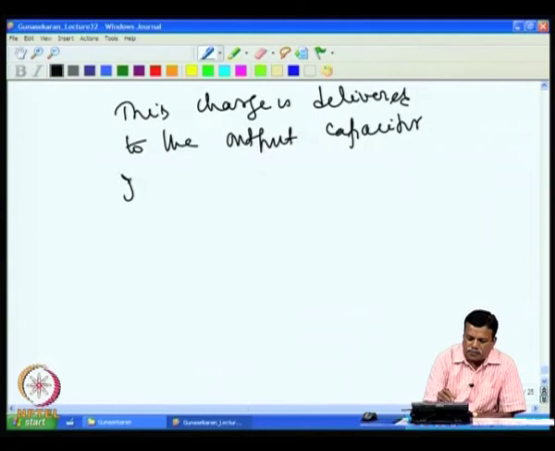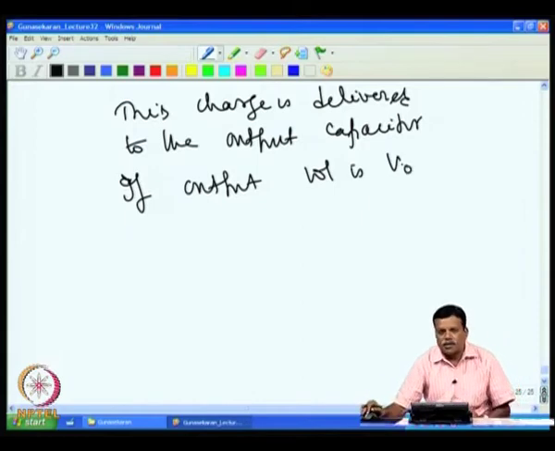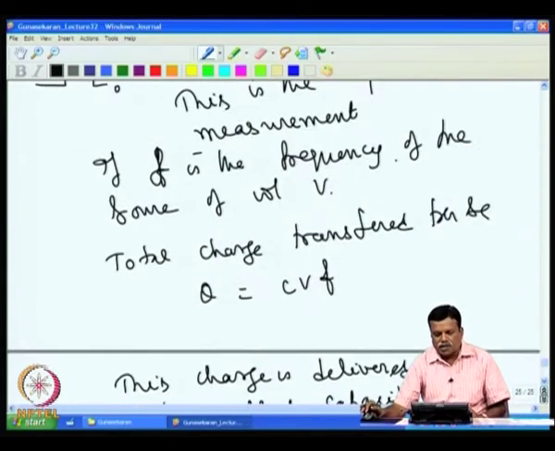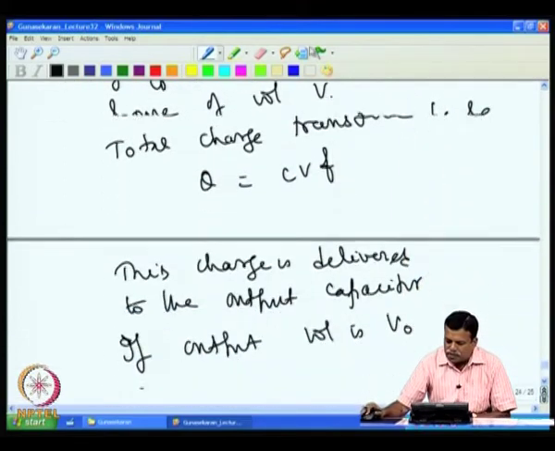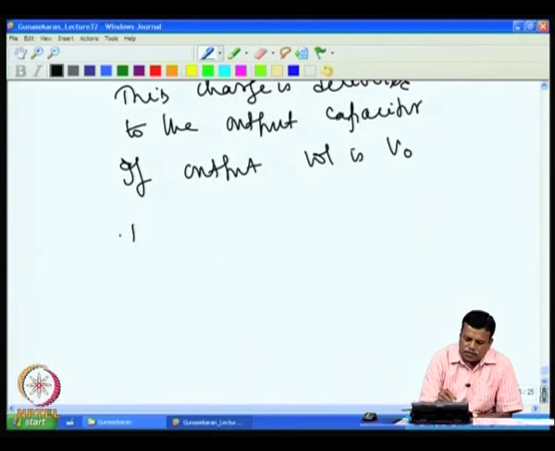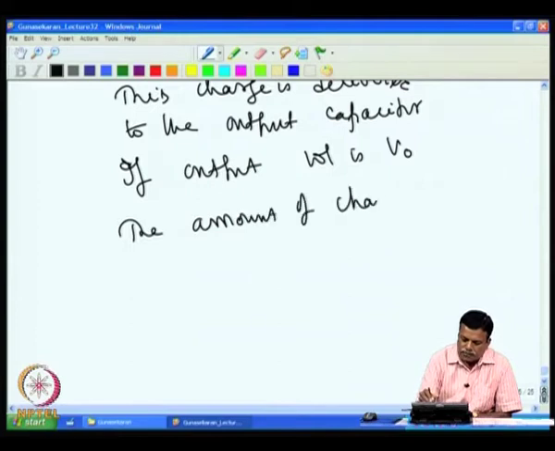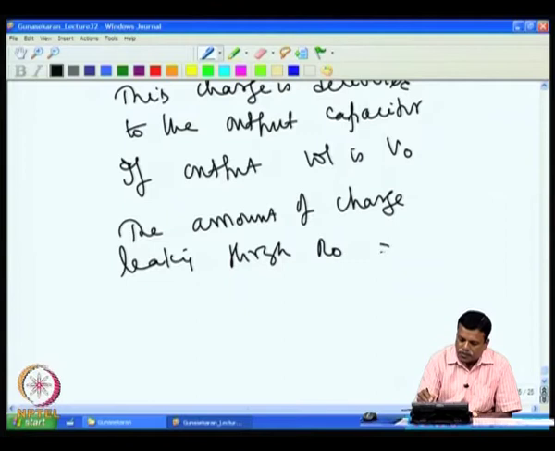So, if the output voltage is V naught, then the amount of charge leaking through R naught would be equal to V 0 by R naught.